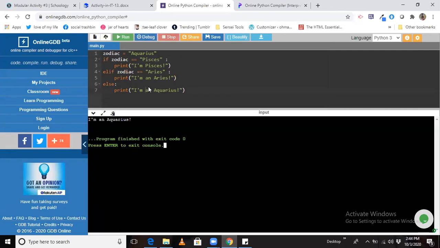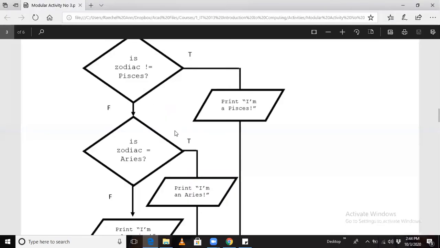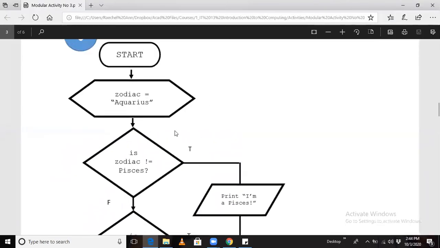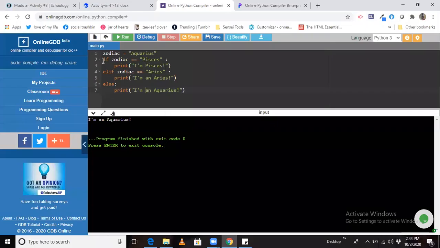Aquarius. Sinundan po namin yung sa flow chart, ma'am. Okay. Hindi namin iniba. Basta, ang point dito is, alam yung gamitin yung if, else if condition. If, else if, at saka else. Okay?